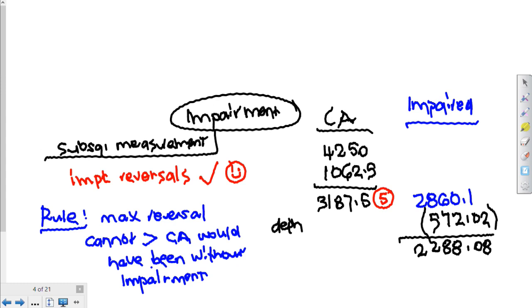Now, if I said to you that at the second year end, we've done a lot of work in the market, and we've determined that we've been able to correct our brand name, to fix it. People now are happy to drink our wine again, and our brand name is fixed. And if I say to you that at that stage then, my recoverable amount has gone back up to 3 million.